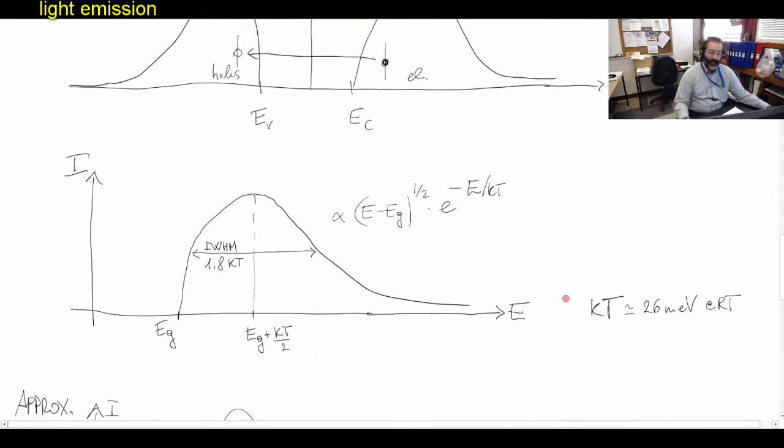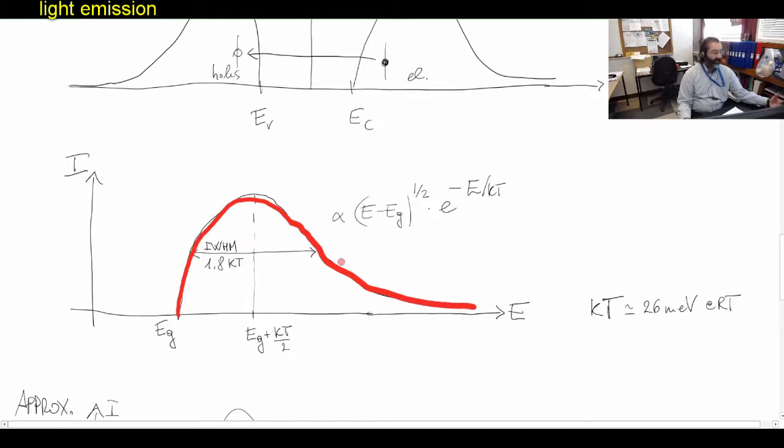So if we were to plot the intensity of the light emitted during radiative recombination of a semiconductor, regardless now whether it is direct or indirect, the energy distribution of this light emitted is exactly following the distribution of the electrons that we've seen above.